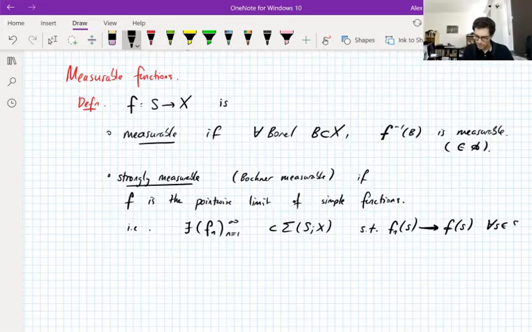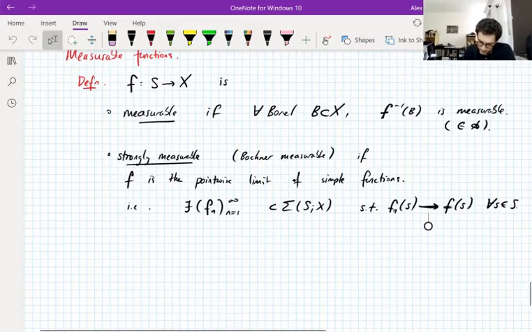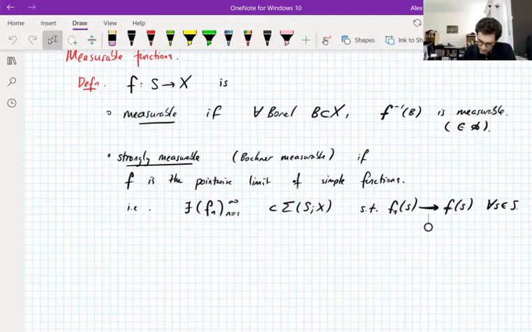For all S in the measure space, Fn of S converges to F of S. So there's pointwise convergence everywhere, not almost everywhere, just everywhere. We don't have any measure in play yet, so we can't say almost everywhere. We just have a sigma algebra. So that's strongly measurable. And as was pointed out, in the scalar valued setting, these two things are equivalent. Being measurable is equivalent to being a pointwise limit of simple functions.